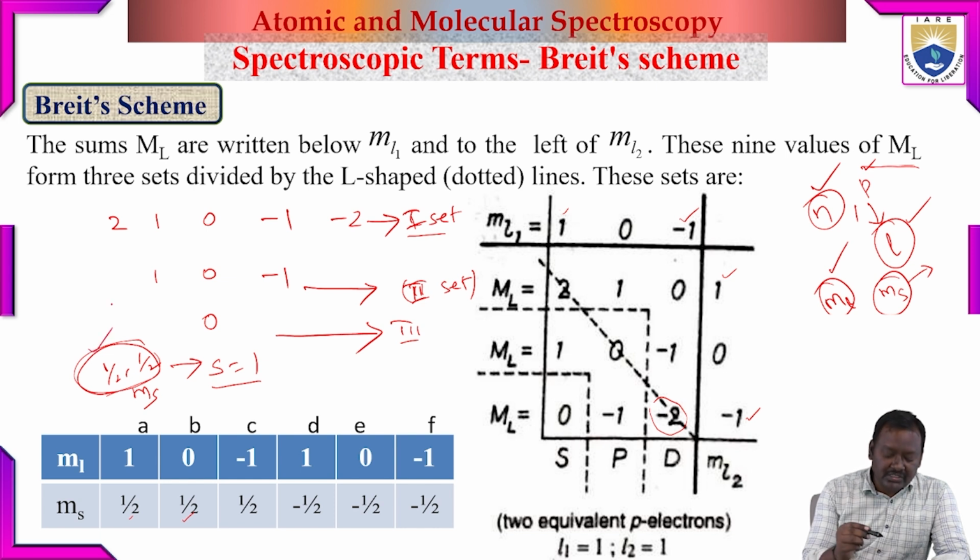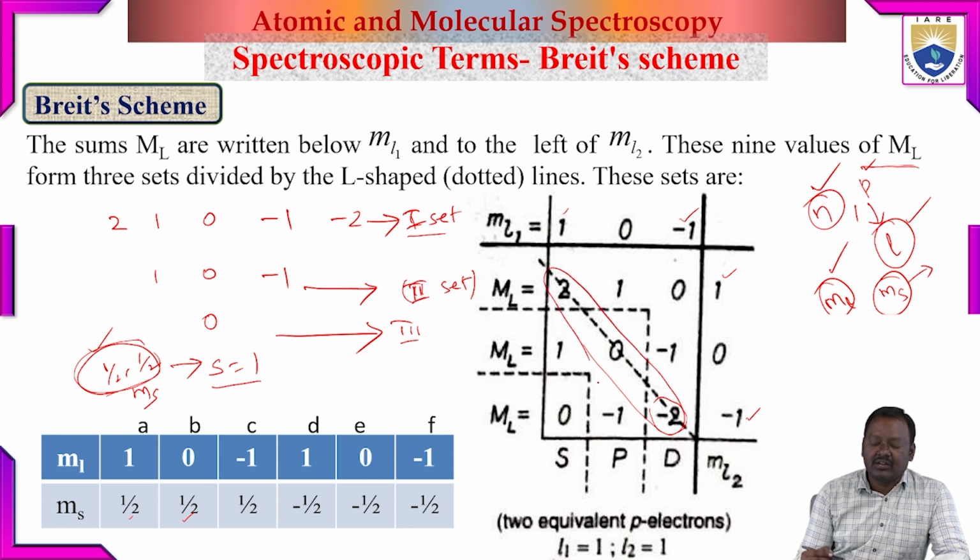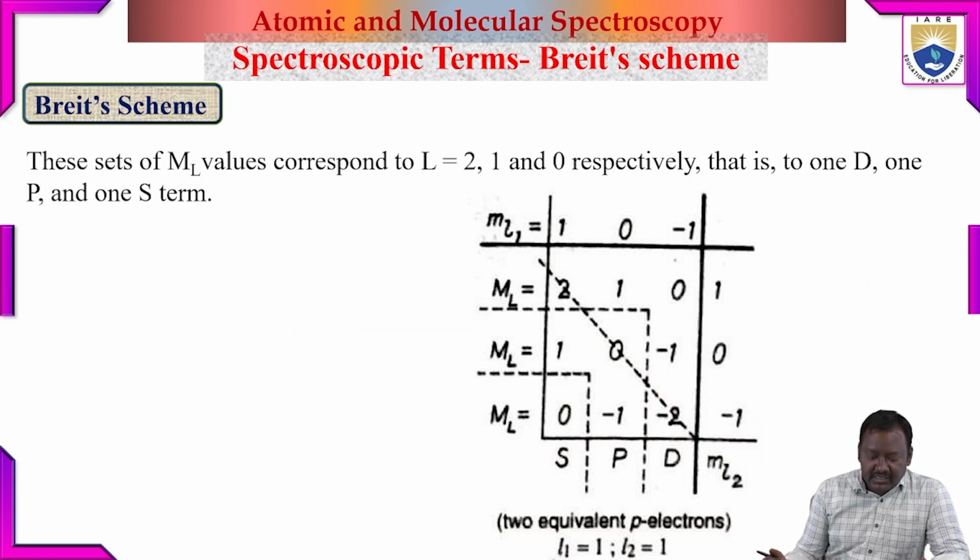This type of combination is not possible because with these ML values, total orbital angular momentum values, these MS values are not possible. So when S equal to 1, we should not take these diagonal values.